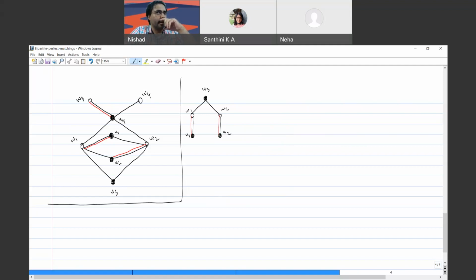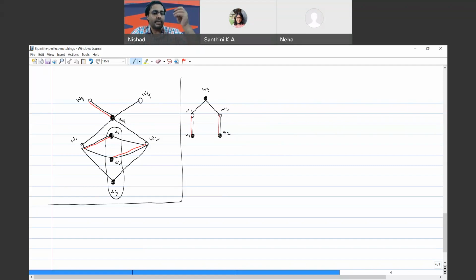U1, U2, U3. So look at the current black vertices in your tree. If you can't find an augmenting path, those black vertices will comprise a deficient set. In fact, we look at these three vertices and their neighborhood is exactly two vertices. So the graph in fact cannot have a perfect matching.